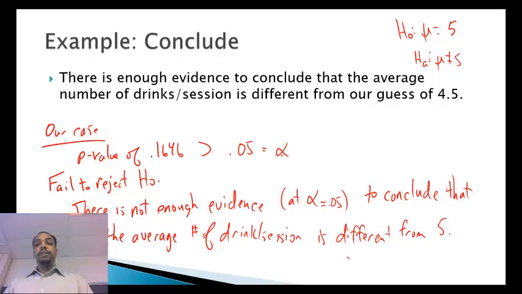Now what we're going to do is use the calculator to go through the same process, and then we'll also compare it to my guess of 4.5. So, on your mark, get set, get out your calculators.